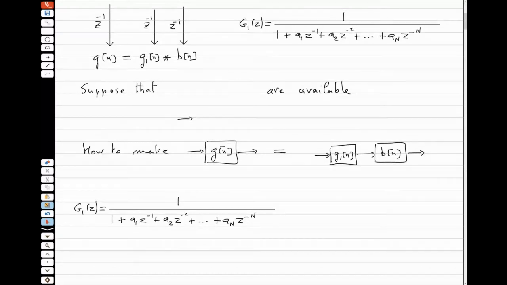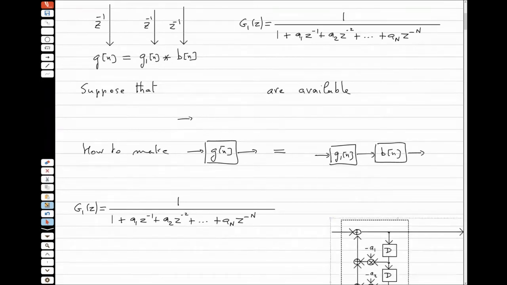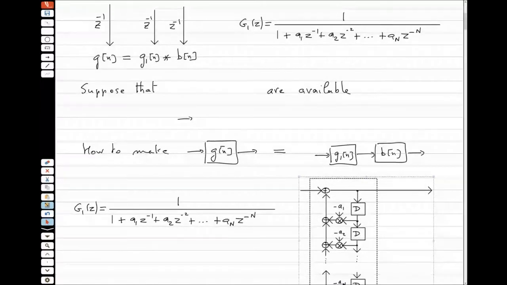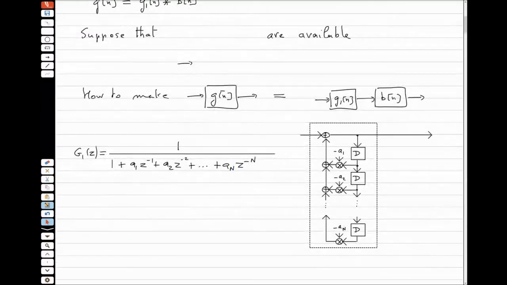The answer to this was from last lecture. It is the nth order feedback system, which I show here.